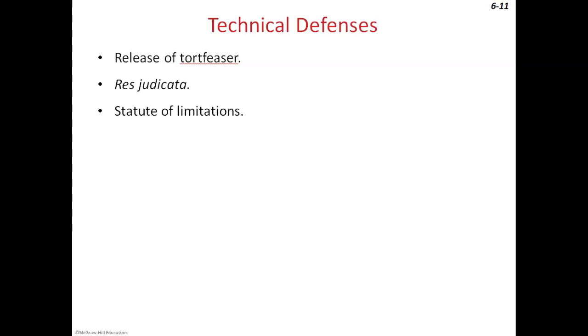So a release of tortfeasor means there's multiple parties inside of a lawsuit. If the plaintiff settles with the first case and does not expressly reserve the right to continue to sue the other parties, they are cleared of wrongdoing because of the initial release of tortfeasor from the initial case.